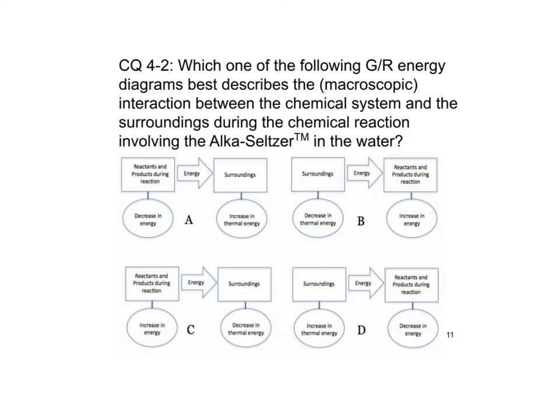Now remember, the chemical reaction or the chemical system would be the Alka-Seltzer in the water. And then what would be considered the surroundings? The surroundings would be things like the thermometer, the graduated cylinder or container, right? So make sure you understand the difference between the chemical system and the surroundings as you think about who was the giver and the receiver for this energy transfer.